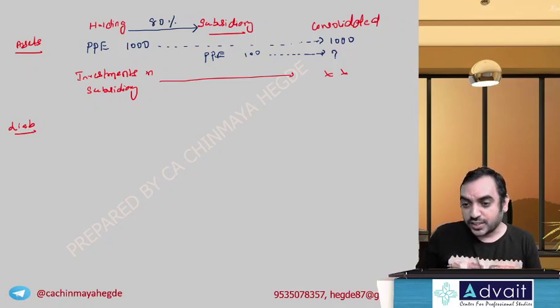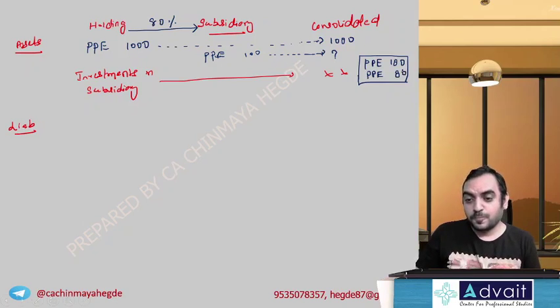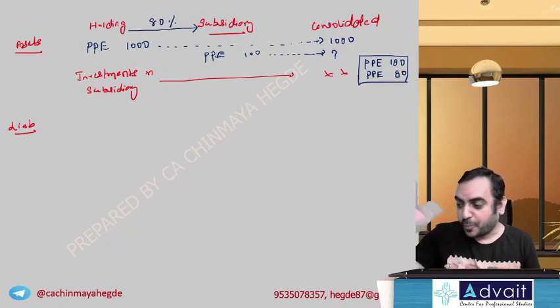So now the question is, how much will you take in consolidated financial statements? Will you write PPE from a holding company 1000 will come? The subsidiary company PPE, will you take 100, or will you take 80? Which one is appropriate?